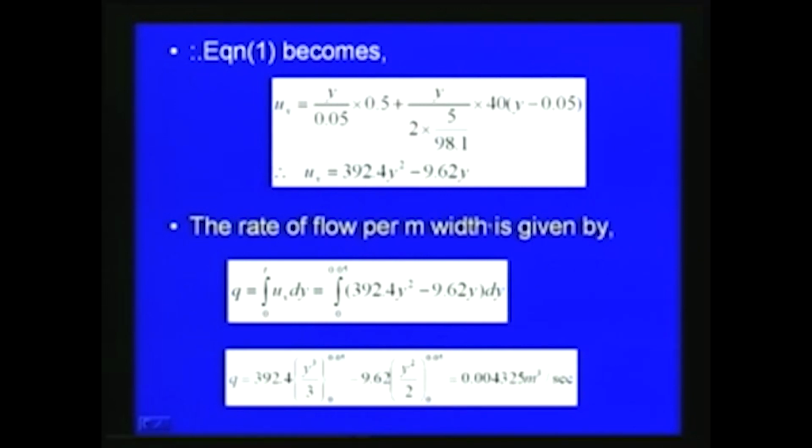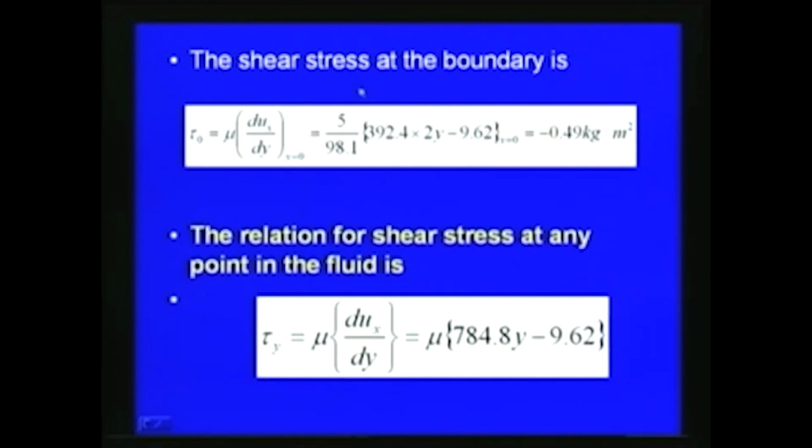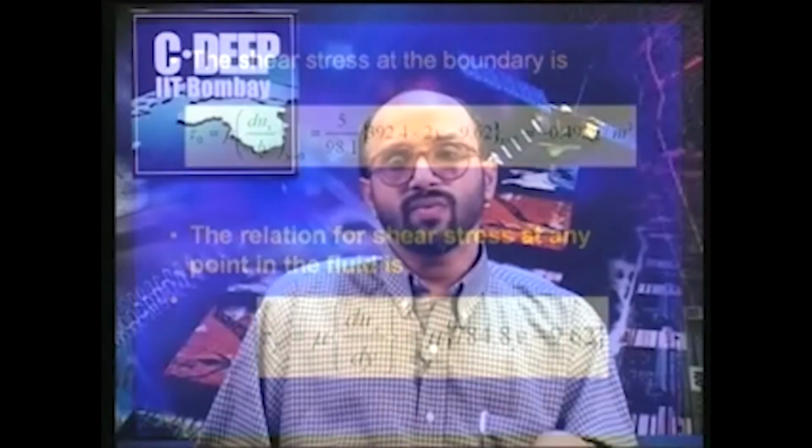So, once the velocity is known, we can find the rate of flow per meter width, and then the shear stress at the boundary if we want. We can write tau 0 is equal to mu into dux by dy at y is equal to 0.